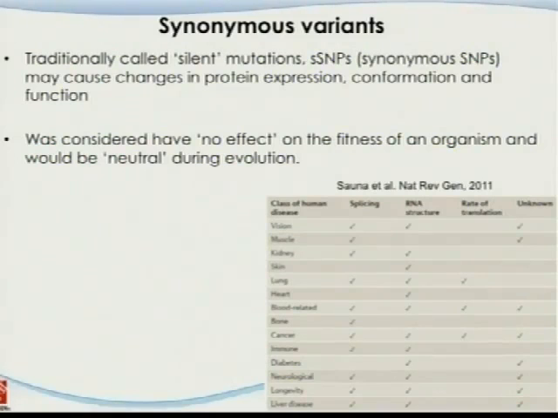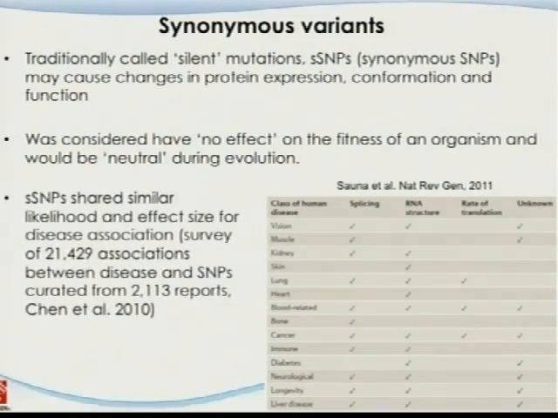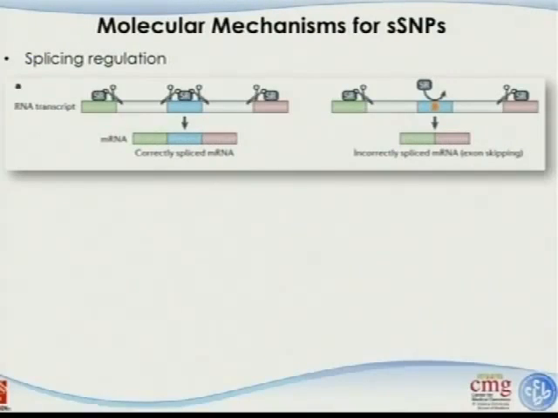So we really shouldn't ignore this part of the information. A recent study published in 2010 reported that synonymous SNPs share similar likelihood and effect size for disease associations, among SNPs curated from 2100 reports. So they are just as important as non-synonymous SNPs, and we really shouldn't ignore those.